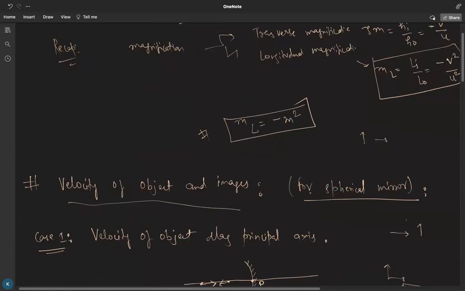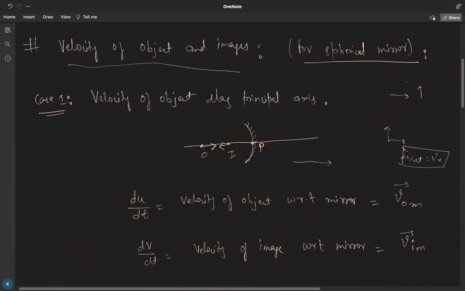Whenever we talk about the velocity of the image, the first thing that comes to mind is the velocity of the object. If the object moves, then the image moves. When it comes to movement, we assume two standard cases.